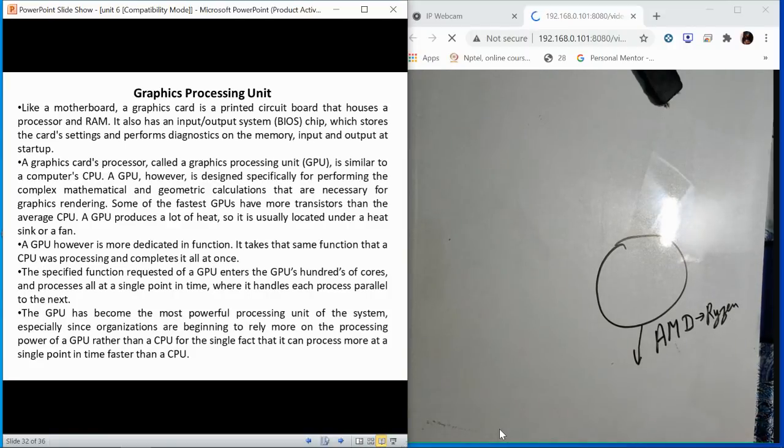Now, next is what is the need of GPU? GPU is for graphic intensive applications, like there is something called FPS, frames per second. How many frames are refreshing in 1 second?